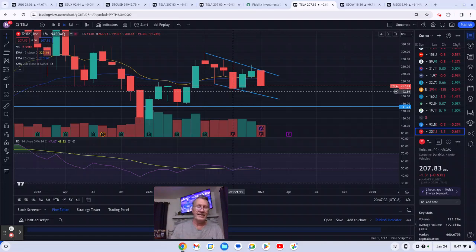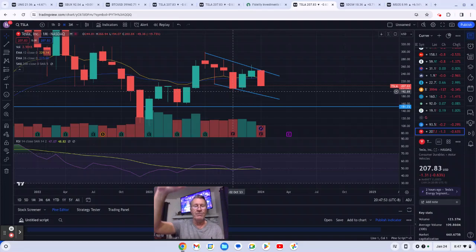As we get to that area, which I think we will, it's going to be very interesting to see how those daily candles start to appear. Do we finally present a low candle on the daily chart and then have a big push higher? It has to be big enough to not be a bear flag.